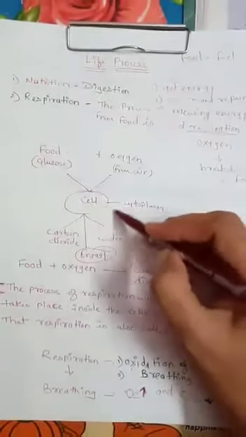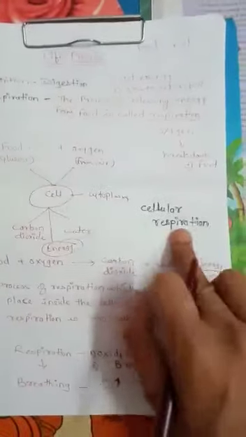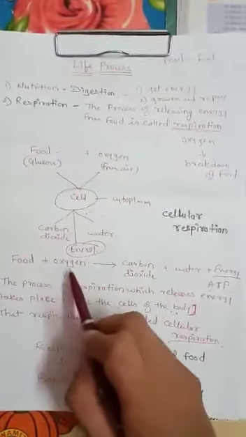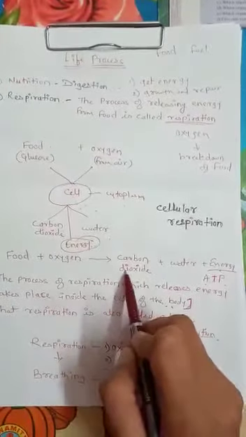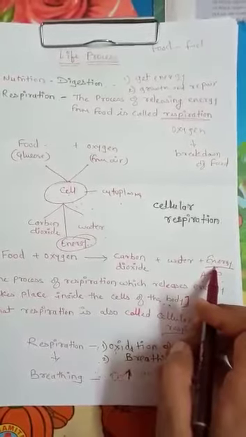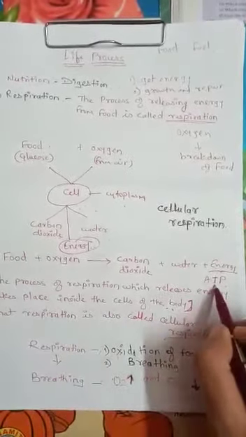Since these processes are carried out in the cell, respiration is also called cellular respiration. In short, food and oxygen give carbon dioxide, water, and lots of energy for doing other life processes, which is also stored in the form of ATP.